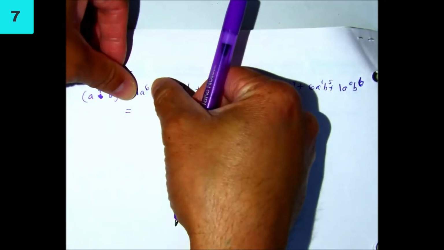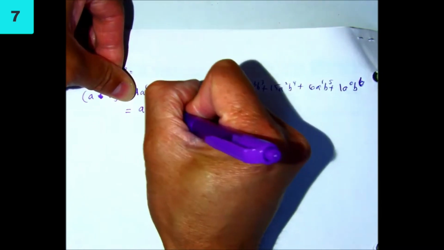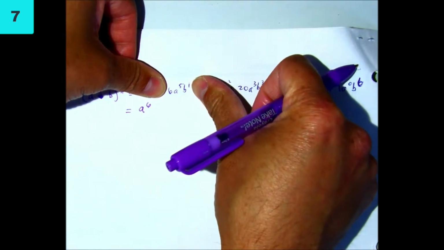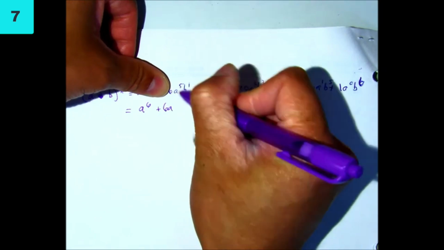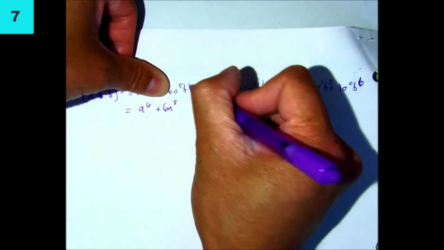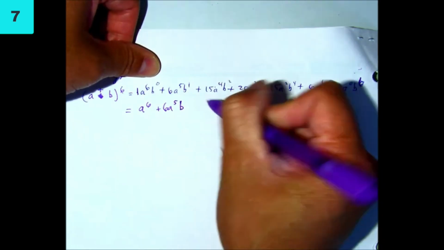So, for example, a to the 6. Yes? Fifth. And then take out the 1, so you just write a b. Keep going.